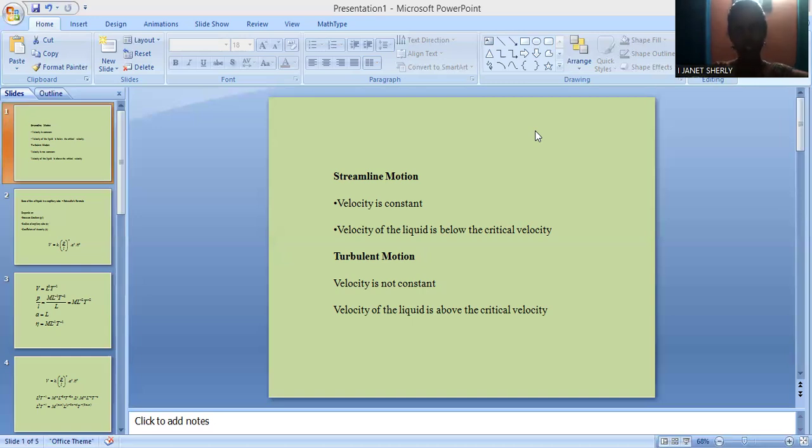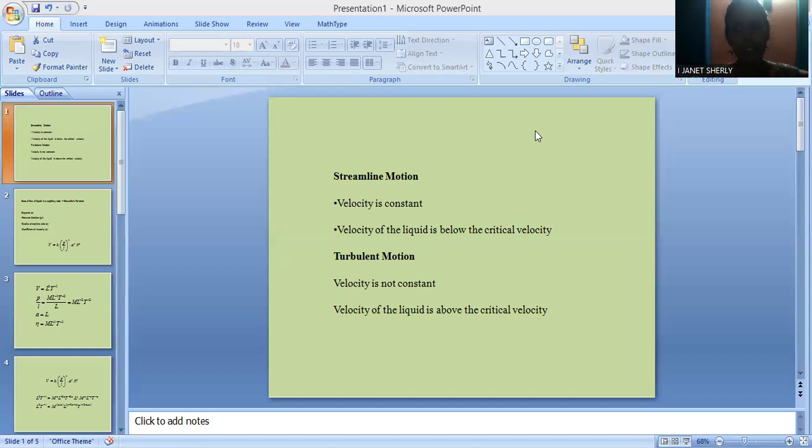In streamline motion, the velocity of the liquid is constant and each particle exactly follows the path of the predecessor, so the motion of the liquid is in an orderly manner. In the case of turbulent motion, the particle does not exactly follow the path of the predecessor, the velocity is not constant, and the particle follows a zigzag path.